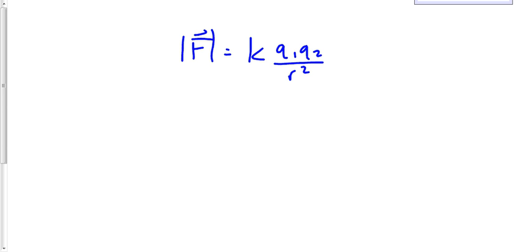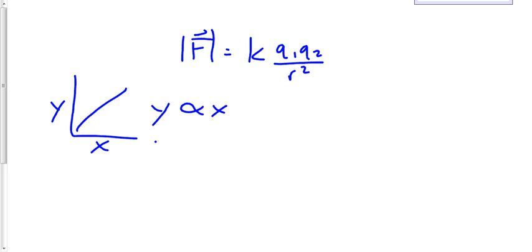In a graph of y versus x, we would say y is proportional to x, or y is equal to a number, a constant, times x, m being the slope, that constant. Here we're saying F is related to Q1 Q2 over R squared. Well, it's equal to a number times Q1 Q2 over R squared.